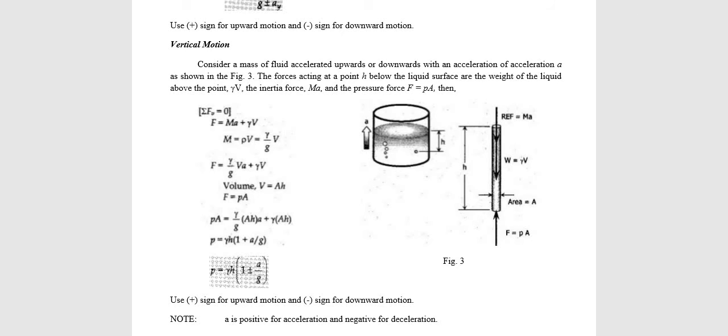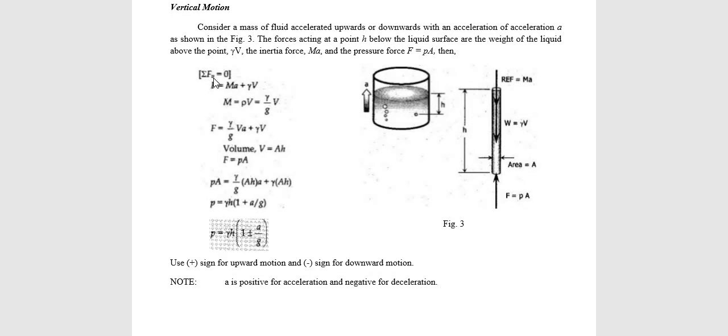In this derivation, this formula is not derived from this figure. We have the summation of forces along vertical equal to 0. As you can see, we have no summation of forces along x because the movement of the tank is along the vertical axis. So we have no summation of forces along the horizontal axis.